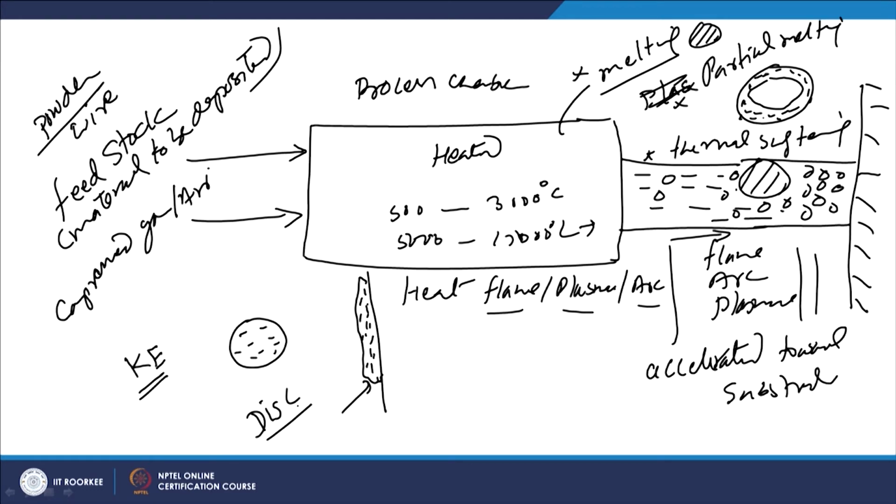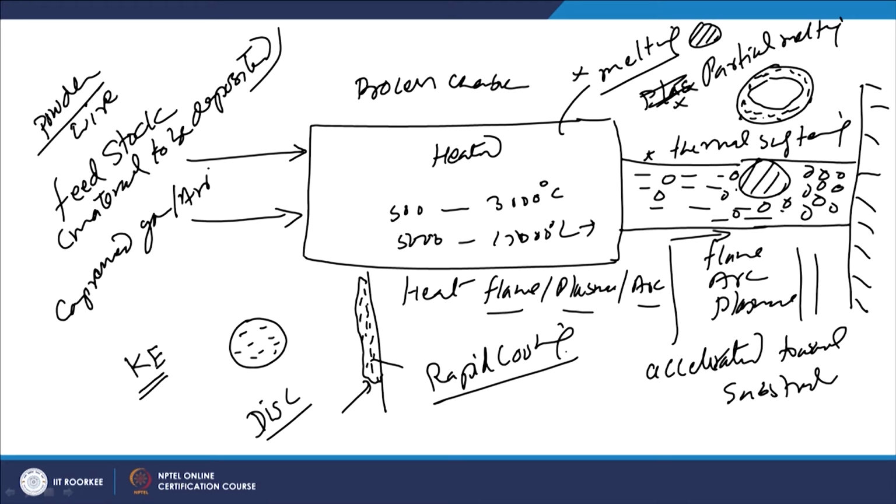And since these particles are very small in size, and when they impinge with the surface of the substrate, which is much larger in size, the heat of these particles is extracted very quickly. So, the molten particles are subjected to rapid cooling.